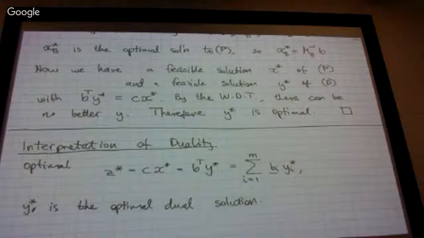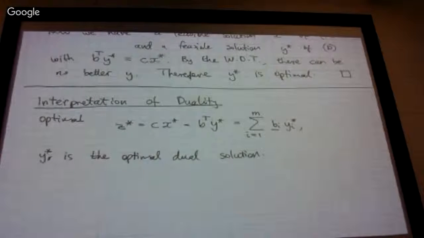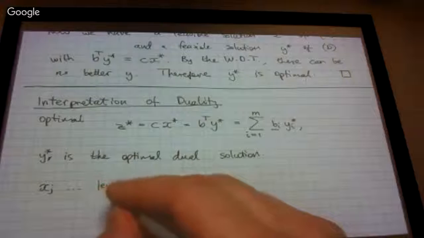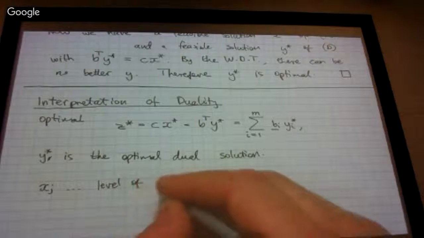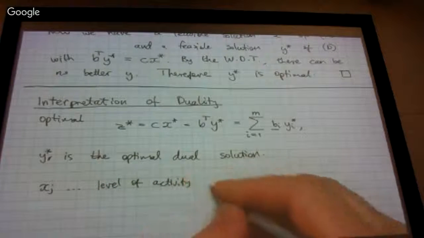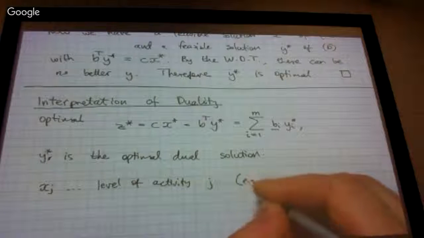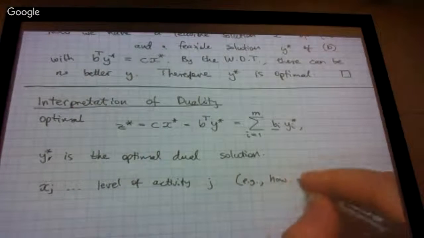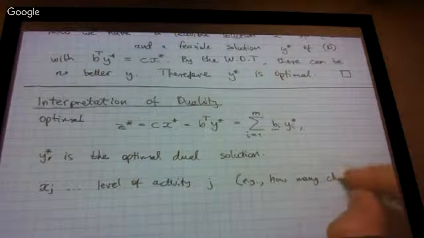Now, if we have, like we used to have, the examples where xj is the level of some activity. For example, the first example was how many chess sets to produce.